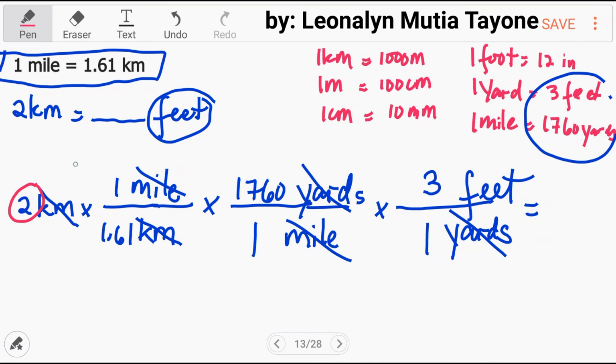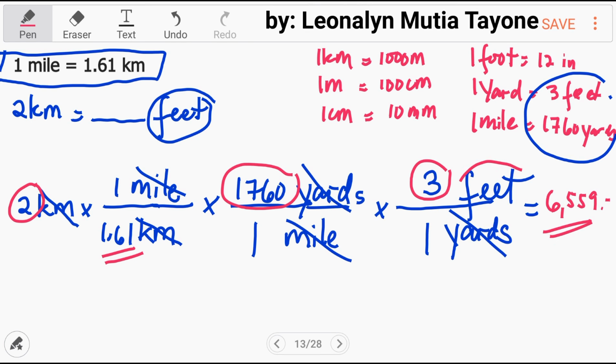So, kung i-solve natin to, 2 times 1,760 times 3 divided by 1.61 and that is around 6,559. Tapos, mayroon pa yung point na yan. So, ang sagot ay 6,559 feet. I-round off na lang natin to whole number.